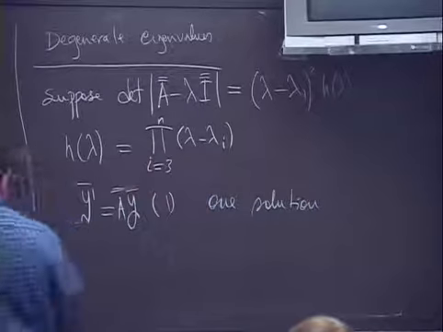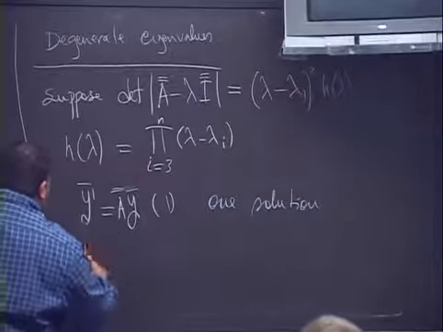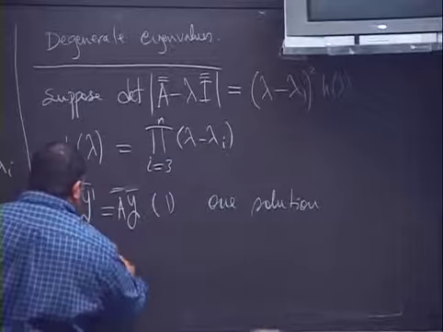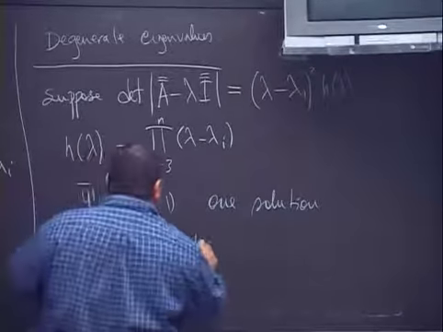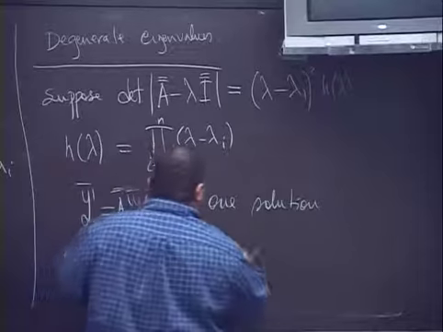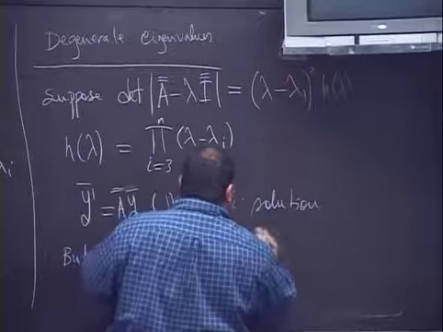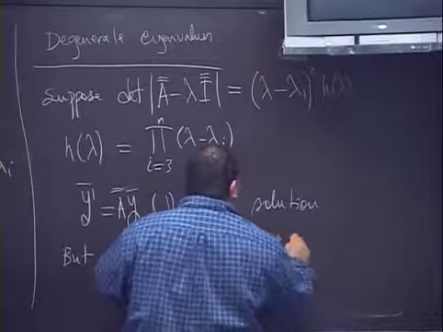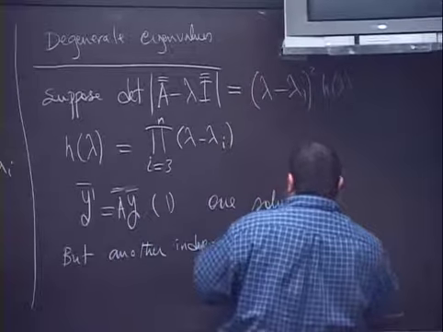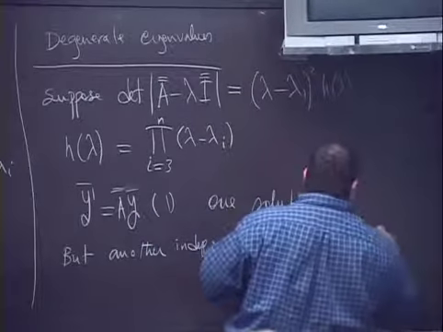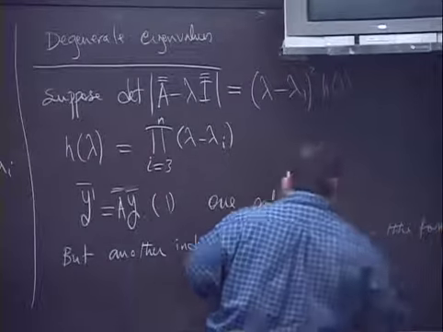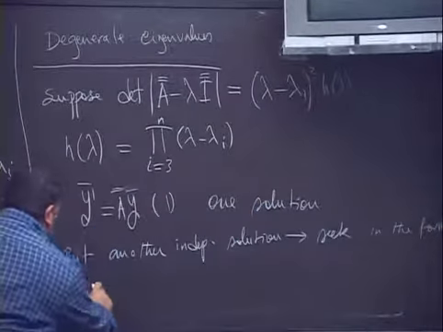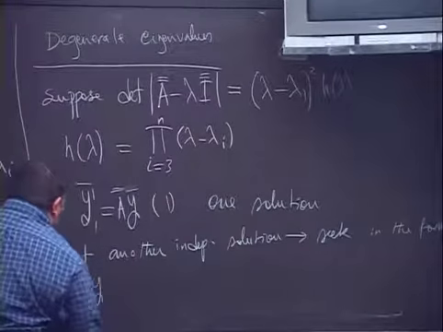Then the other, another independent solution, we will seek in the form y2, so this is y1.